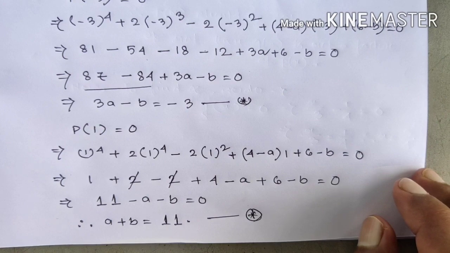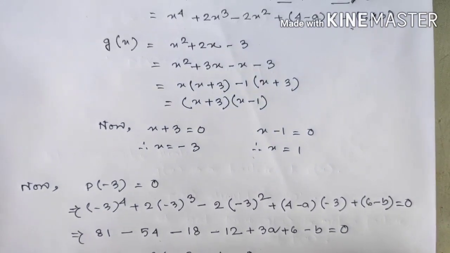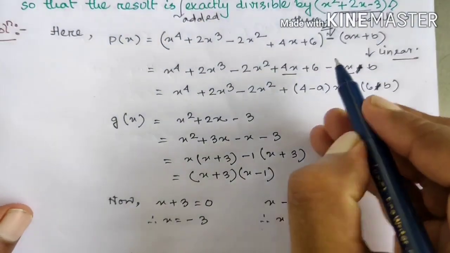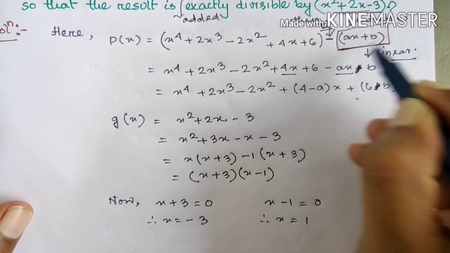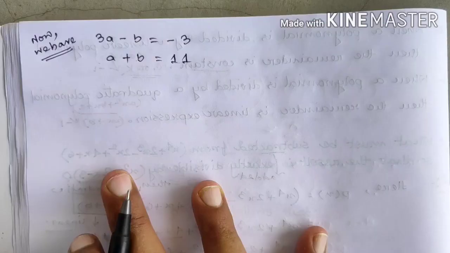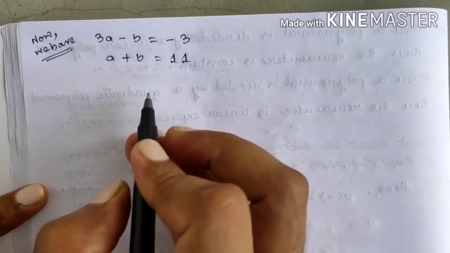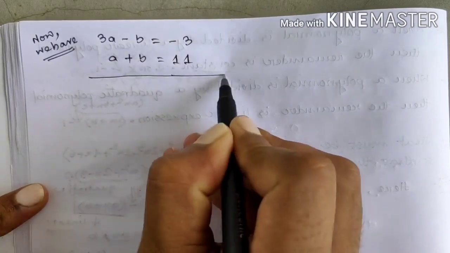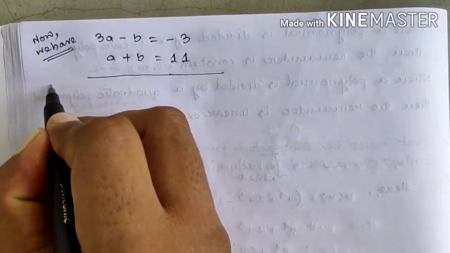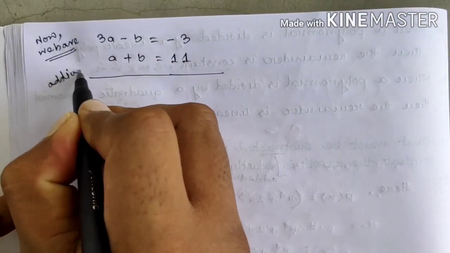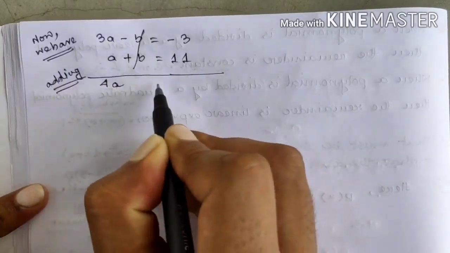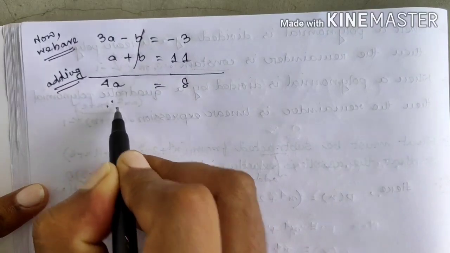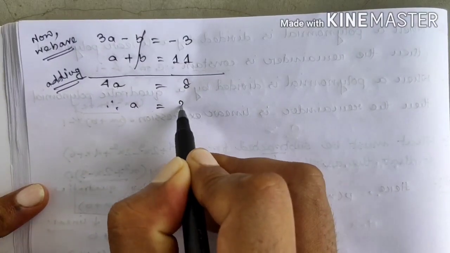Now we get two equations, 3a minus b equal to minus 3 and a plus b equal to 11. We have to find out the value of a and b because we have to find out ax plus b. Just adding, therefore 4a equal to 8. Therefore a equal to 2.